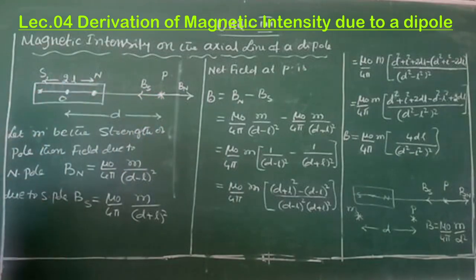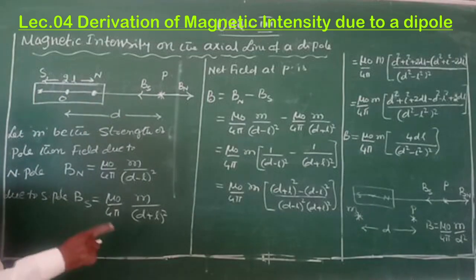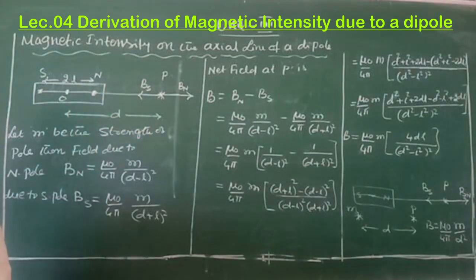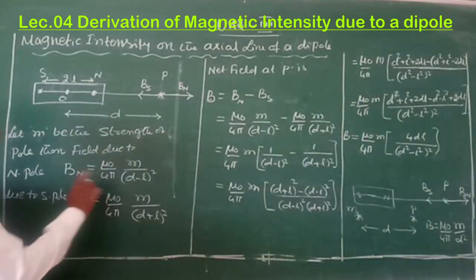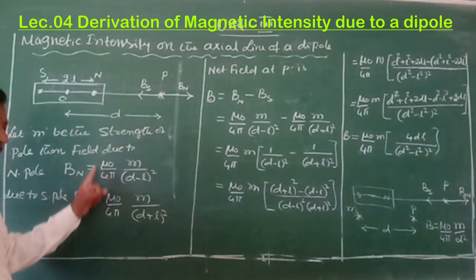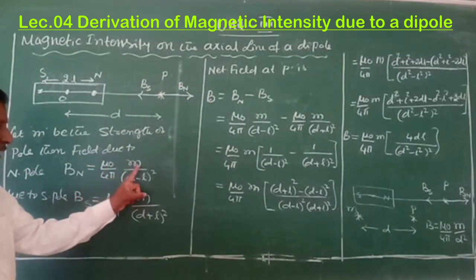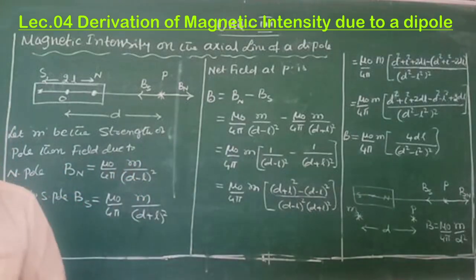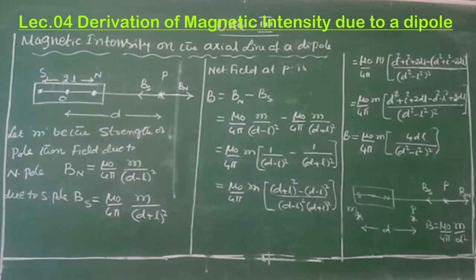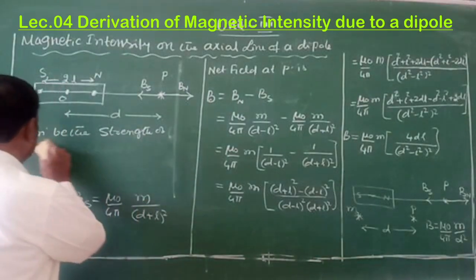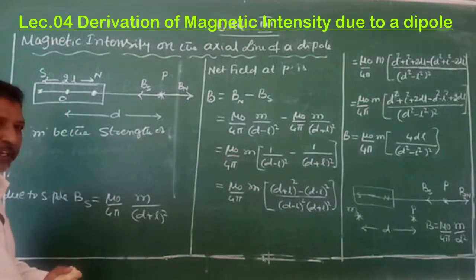Now, the basic formula of the magnetic intensity due to any pole is mu naught divided by 4 pi into M divided by D square. Let us make it clear here.